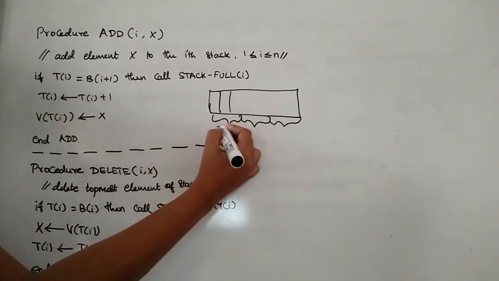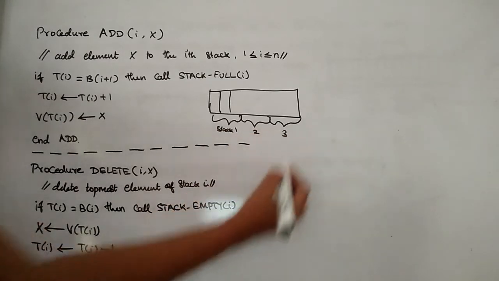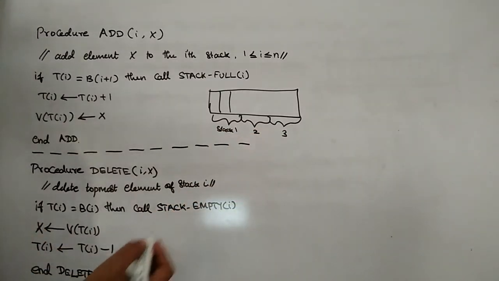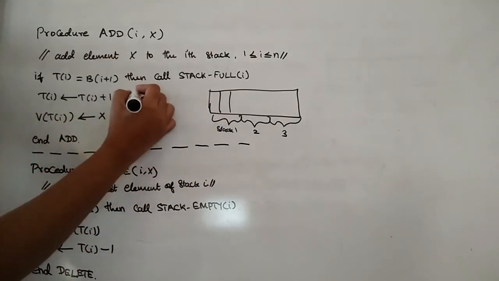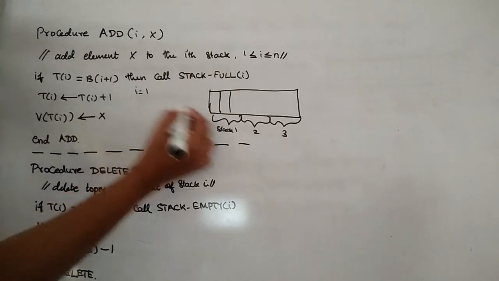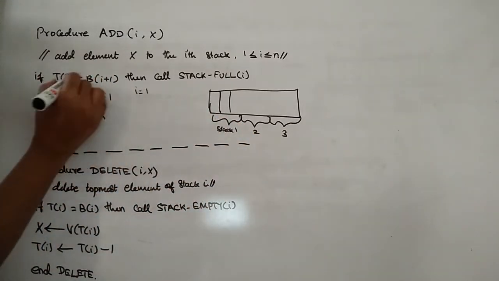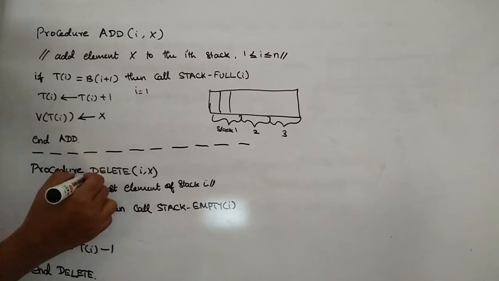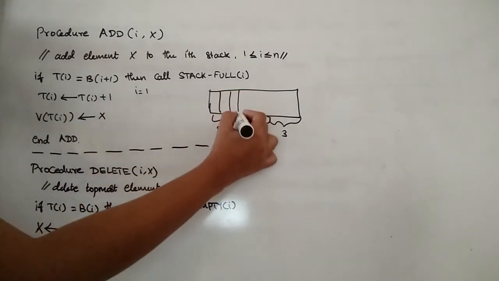For example, you may consider this for stack 1, this for 2, and this for 3. Just assume the I value is equal to 1.